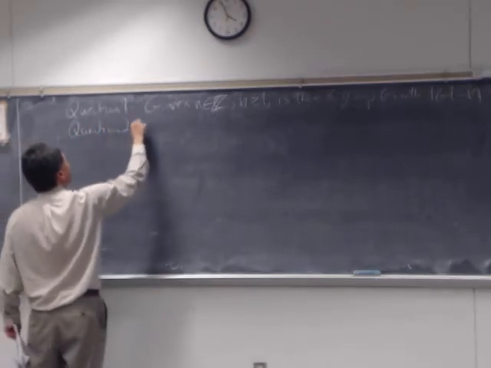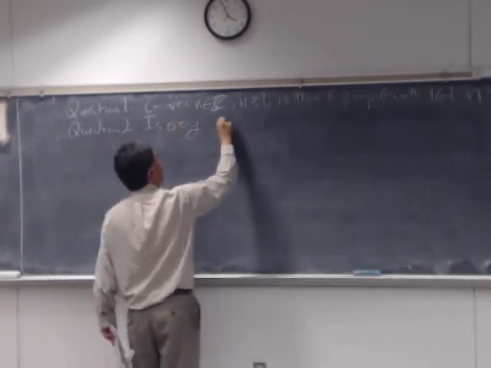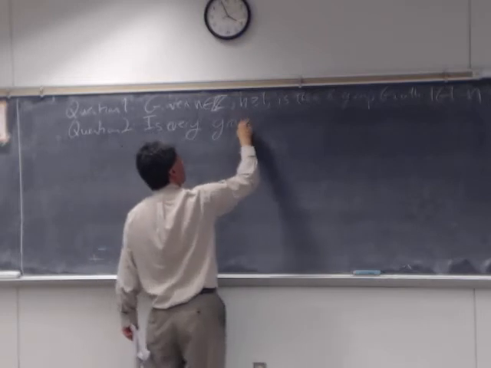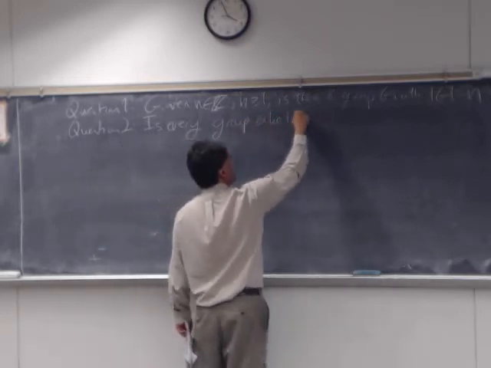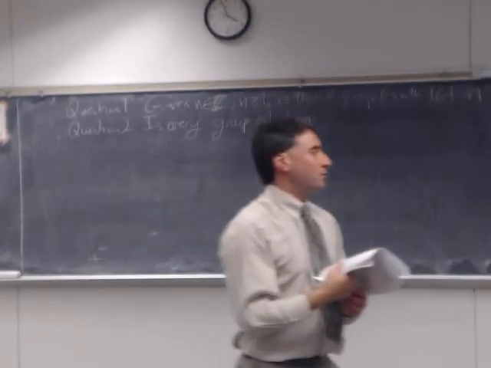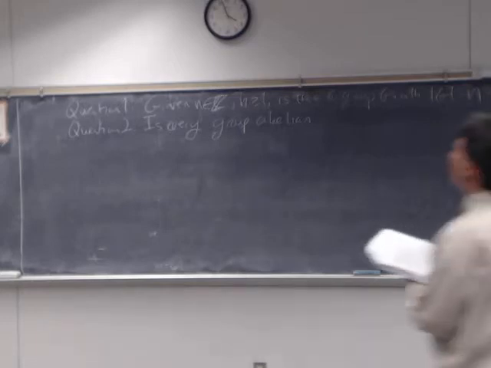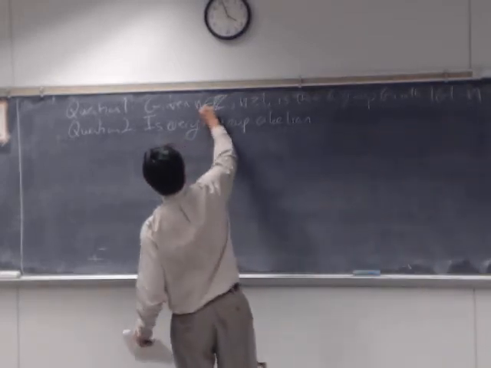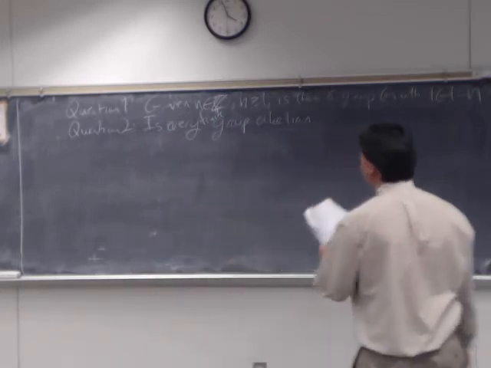And question 2: is every group abelian? So far, have I shown you an answer that, or let me actually say, is every group abelian, that we know is no. But how about the finite examples? Is any finite group abelian?